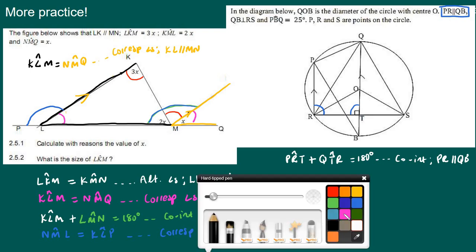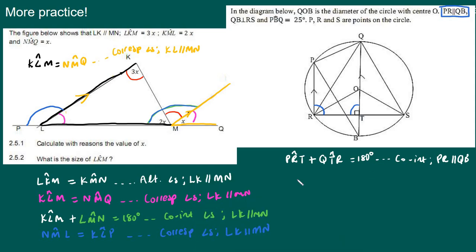So we have RPB equals QBP. Why? Alternating angles, because PR is parallel to BQ.